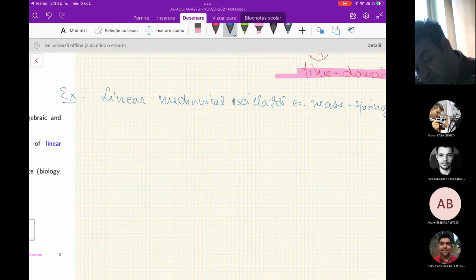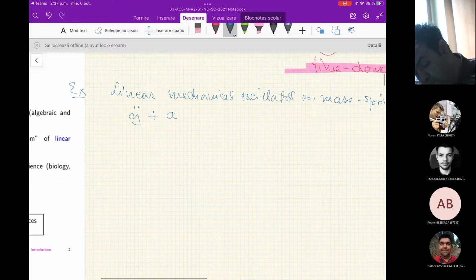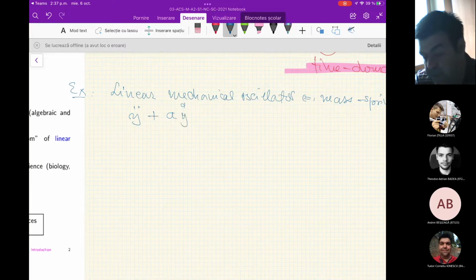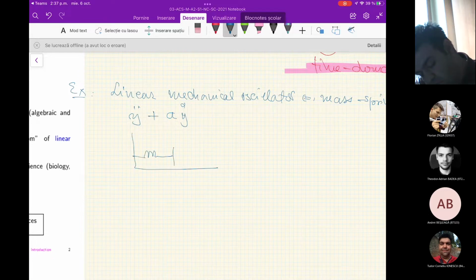Okay, so essentially you have the force given by the acceleration, plus some coefficient times the first derivative of the position. Yeah, y is going to probably be the position. So we have a spring, we have a mass, and we do have here a damper.